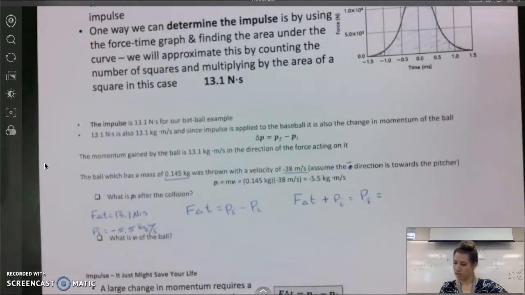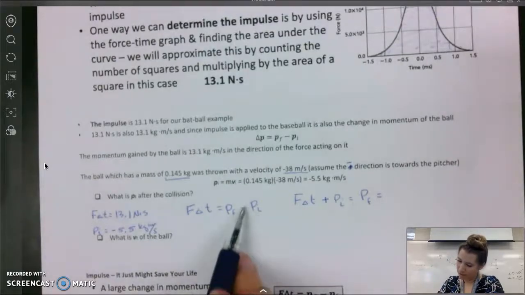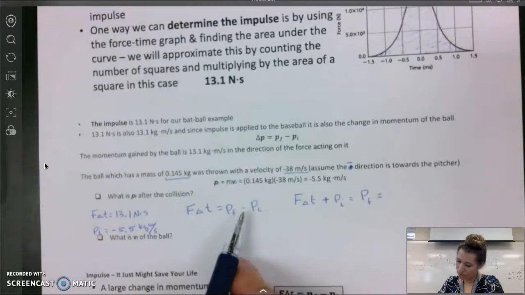Okay. So 13.1, and we'll add the negative.